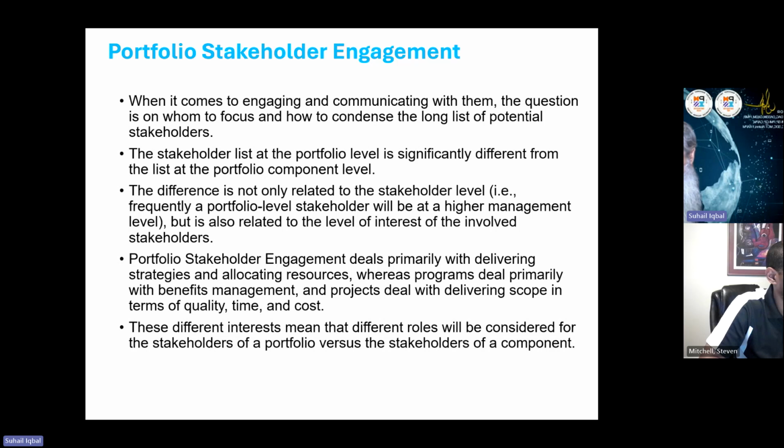In portfolio, we have got an unlimited list of stakeholders. So what we can do is we can prioritize them. We can prioritize them and naturally pay more attention to those who are at the highest level of priority. The stakeholder list at the portfolio level is significantly different from the list at the portfolio component level.